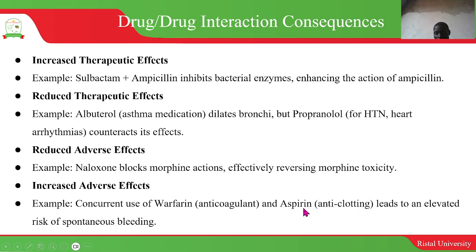So we are giving an anti-clotting agent and also an antiplatelet agent. All these drugs are acting along the same line. So this will lead to an elevated risk of spontaneous bleeding, because their action is in favor of a bleeding scenario. This will bring increased adverse effects because they will be acting in the same direction.